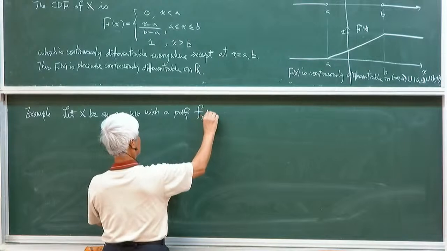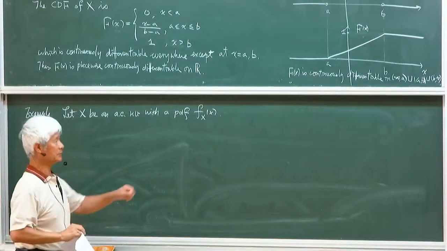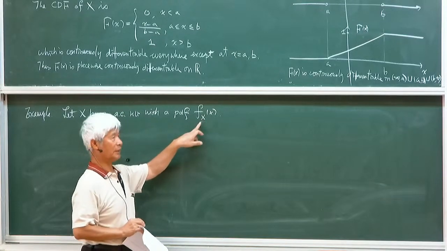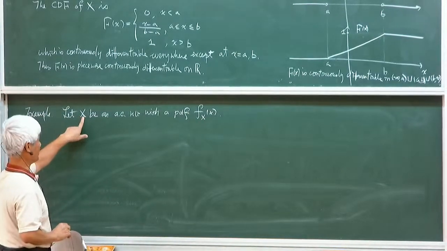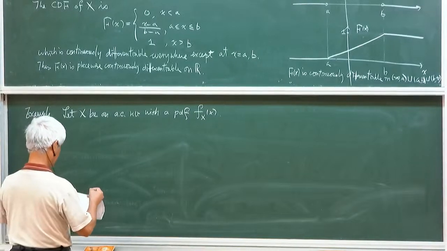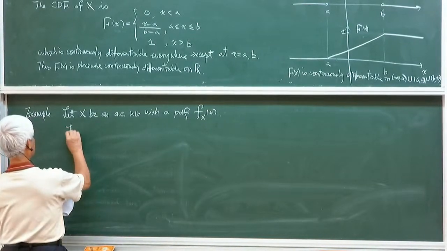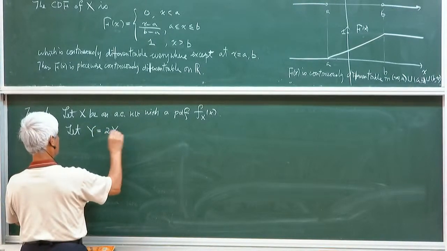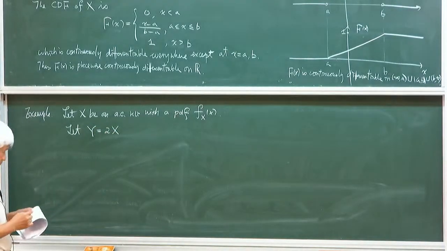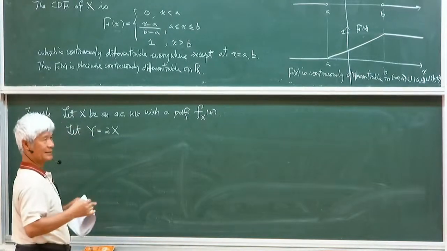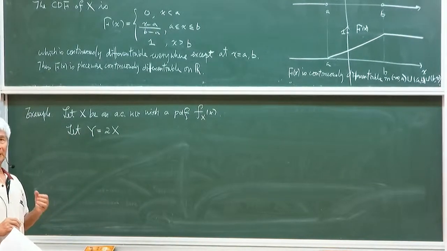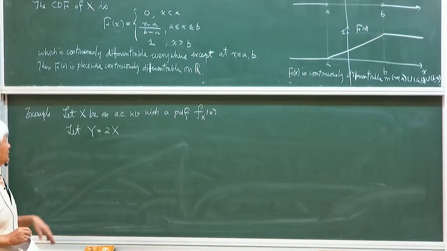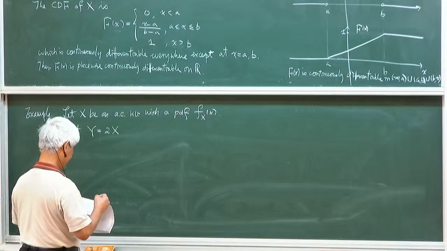I use the subscript to denote that this is the PDF of this absolutely continuous random variable capital X. Now let Y be 2 times X. It's the double, so you can see Y is obtained by data processing of the random variable X.